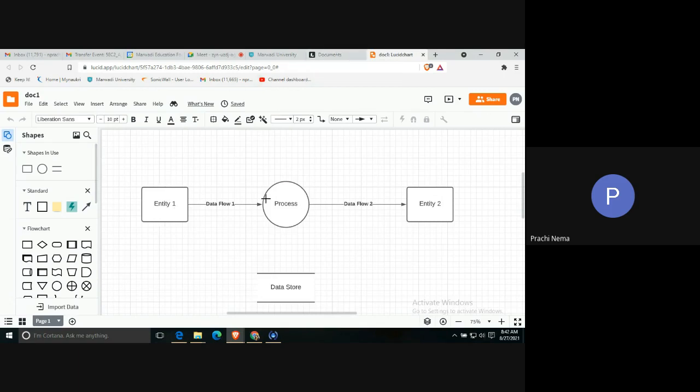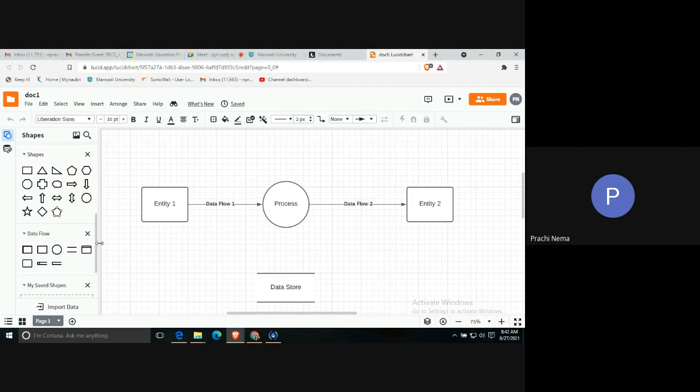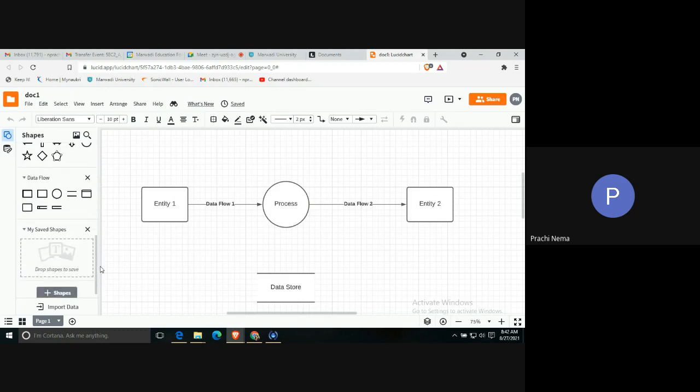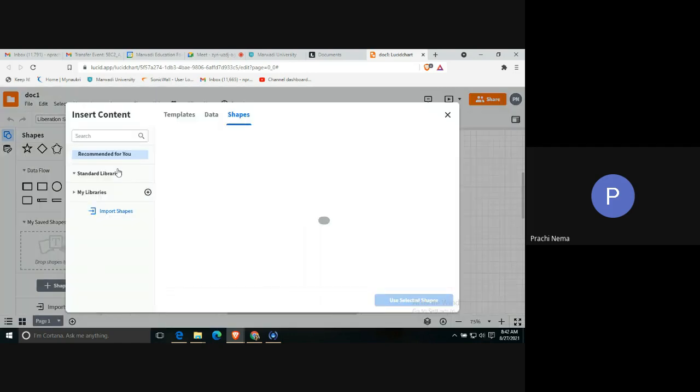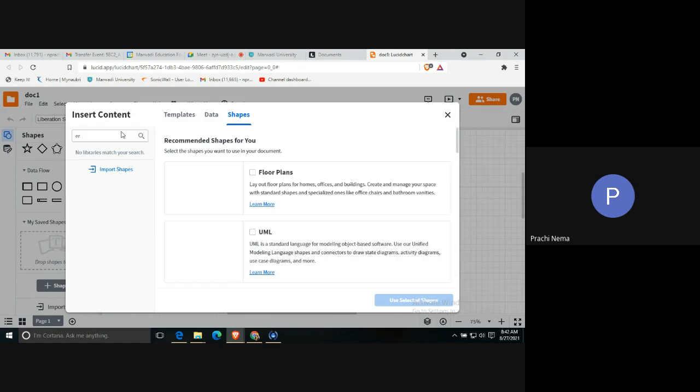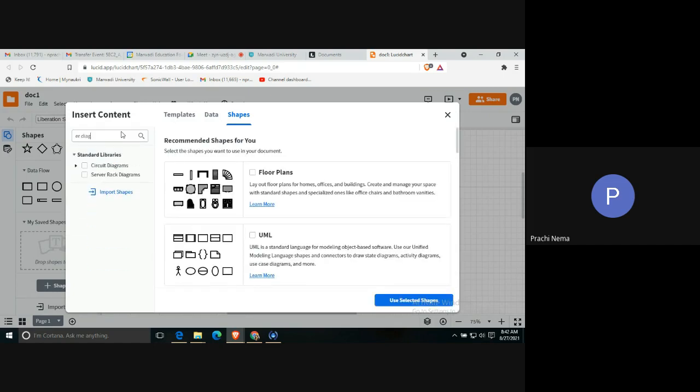I have drawn this previously. This is just an example. You can pick, see, there are all the shapes available. And if you want to draw anything else, you can use this. Like if you want to add ER diagrams. They have circuit diagrams.